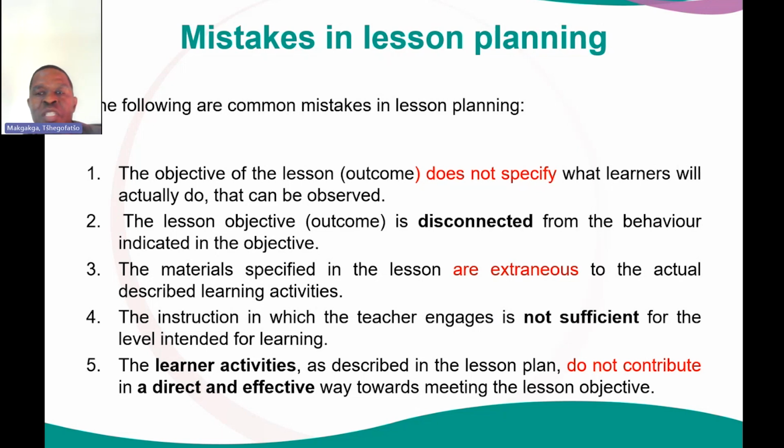Four, the instruction in which the teacher engages is not sufficient for the level intended for learning. That is why in the previous slide, we talked about the target audience. So the instruction in which the teacher engages should be sufficient for the level intended for learning.